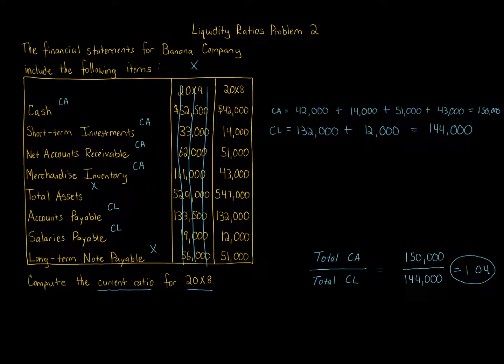If the business liquidates, it's not going to be able to pay off all of its liabilities. There might be property, plant, and equipment, but those are much harder to value in terms of what you can actually get if you had to liquidate. That's why current assets are used. If that number gets below 1, usually there's some concern, but it's not guaranteed. It can depend on the business.